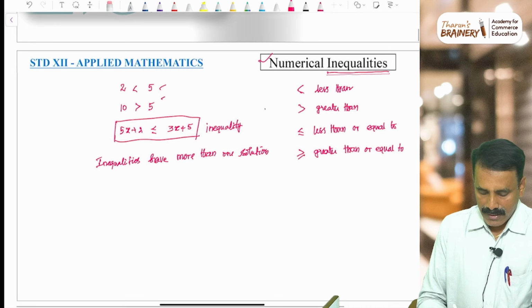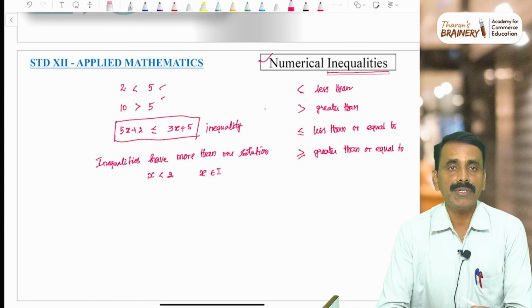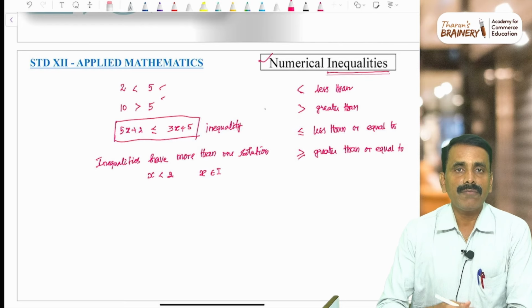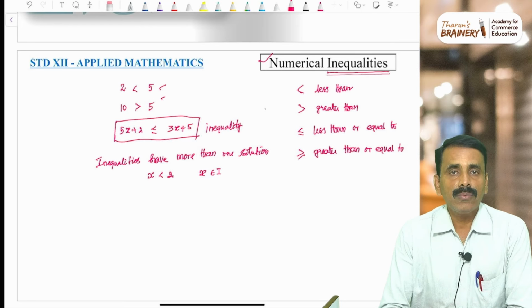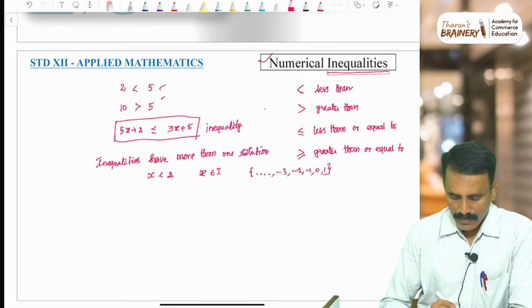Suppose if I write x is less than 2, where x belongs to integer. So what are the values I can take for x which are less than 2? I can take the solution set as minus infinity to minus 3, minus 2, minus 1, 0 and 1.